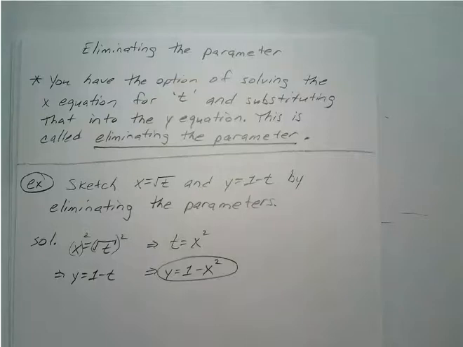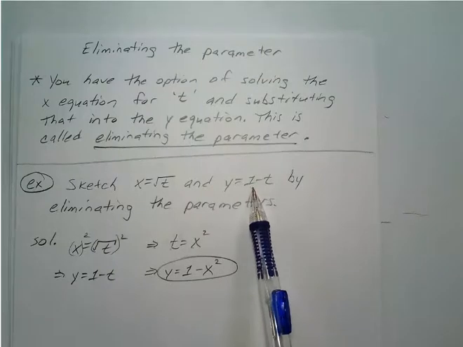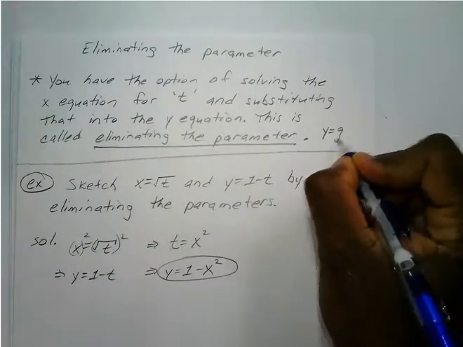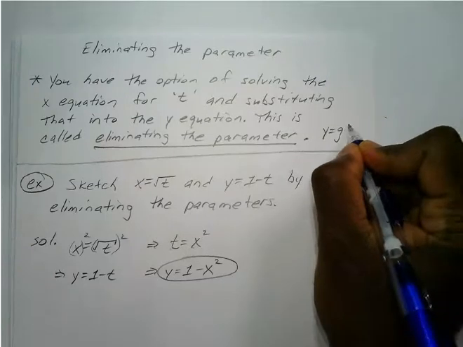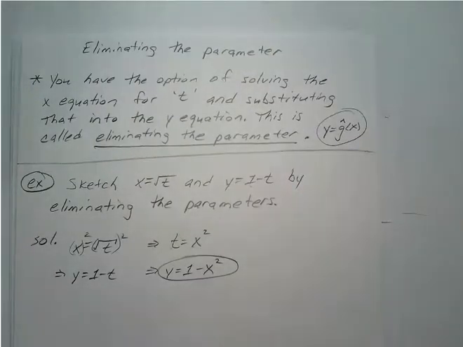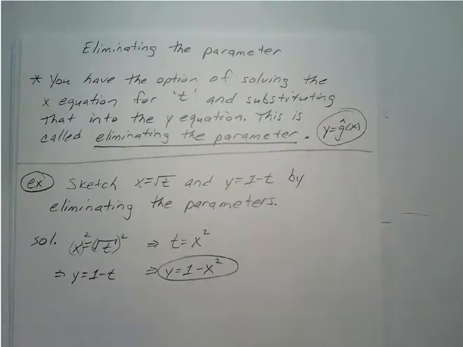Okay, so in other words, you had your y as a function of t. Now y is equal to some function of x. So we'll call that g hat of x. So instead of g of t, it's g hat of x. Or you could use another variable, it doesn't matter. I'll just use g hat to keep it all together.